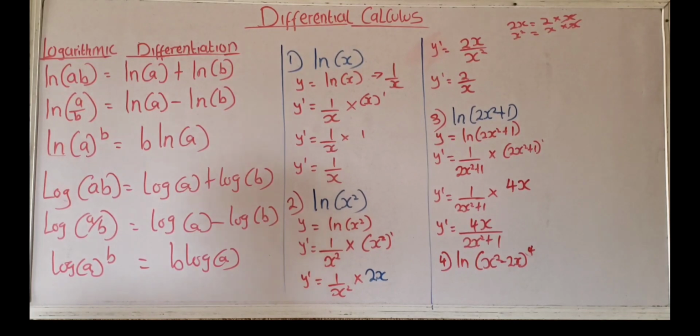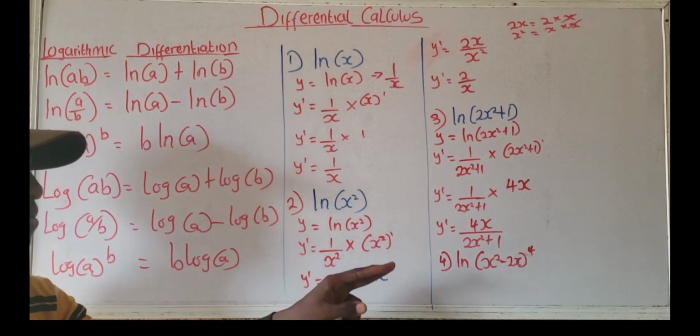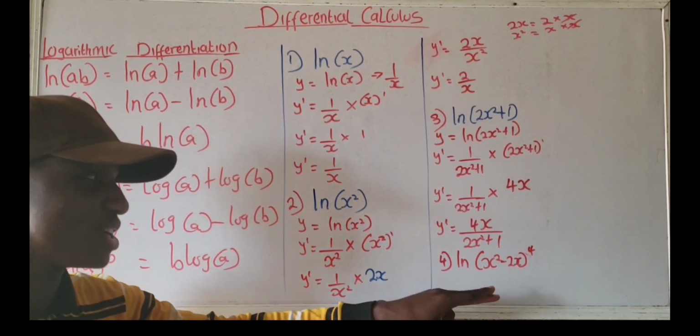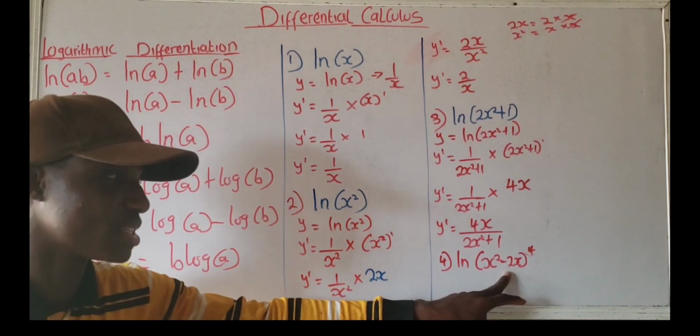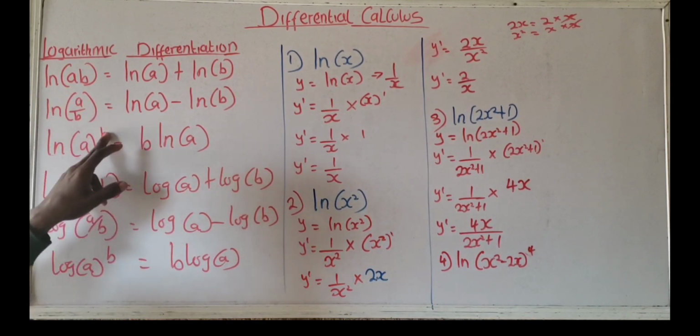Don't forget, the reason why I wrote some rules here is so that you understand. Now, if you look at this function that we have to differentiate, which rule does it look like? It looks like ln a raised to the power of b, where a is the function inside the bracket, that is x squared minus 2x, and b is the power.